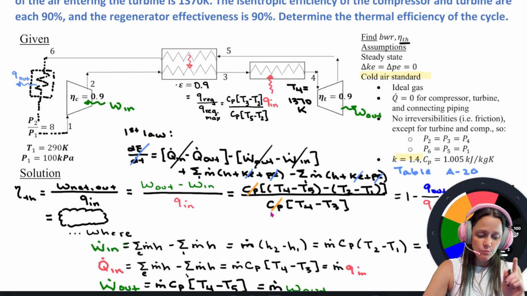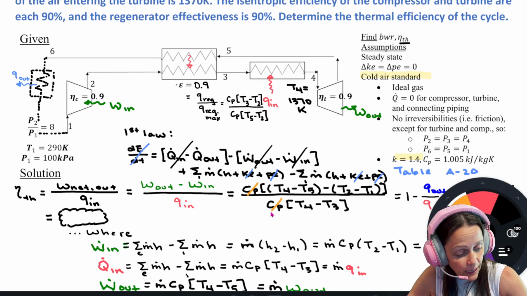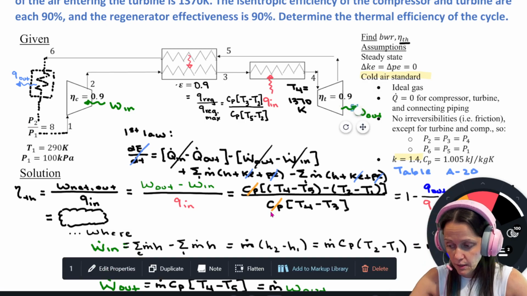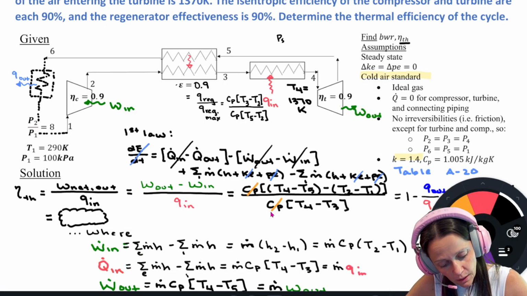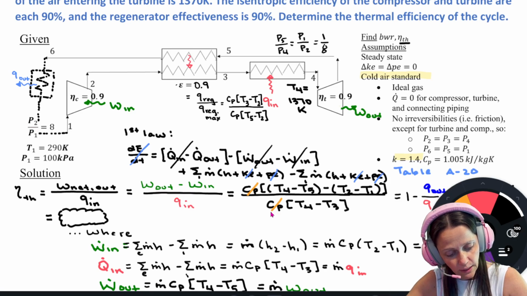So, since I'm trying to find P5 over P4, this is going to be the same as P1 over P2, which is just 1 over 8.